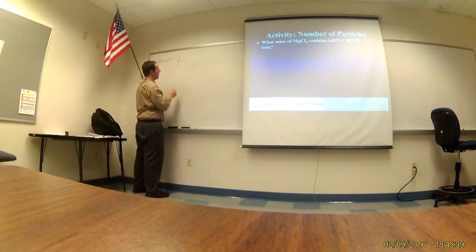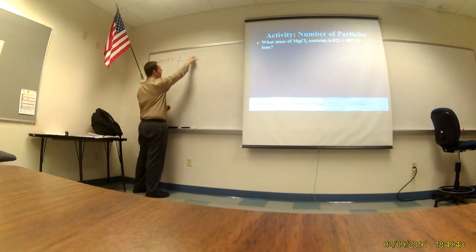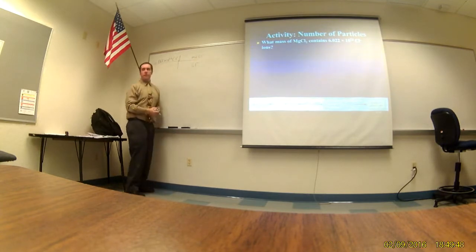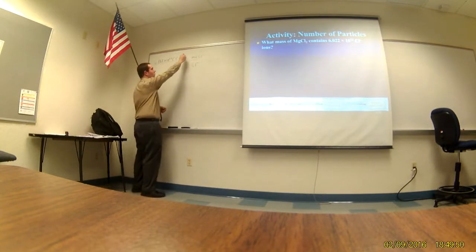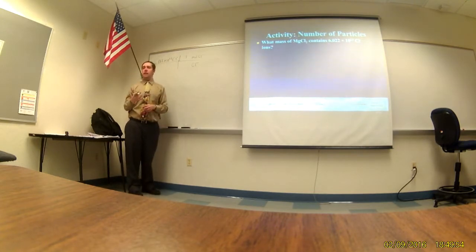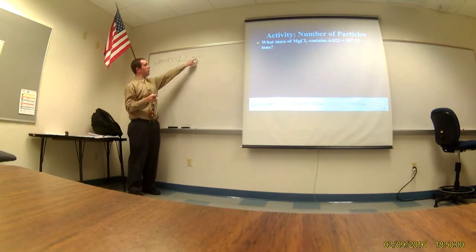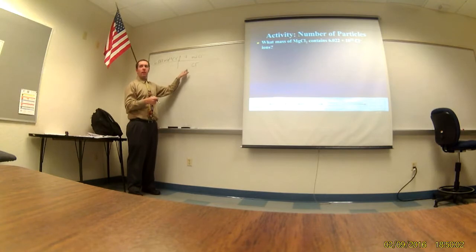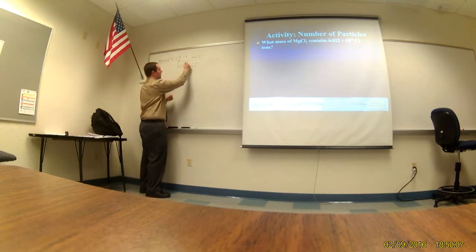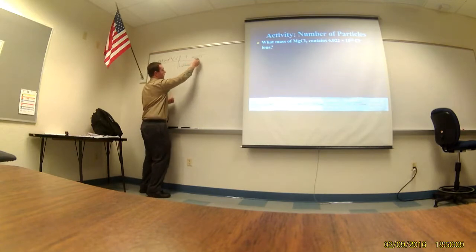So I have to have that there, and I'm going to moles of chloride. So 1 mole of chloride ions has how many chloride ions in it? If I have a mole of chloride ions, how many chloride ions do I have? 6.022 times 10 to the 23rd.